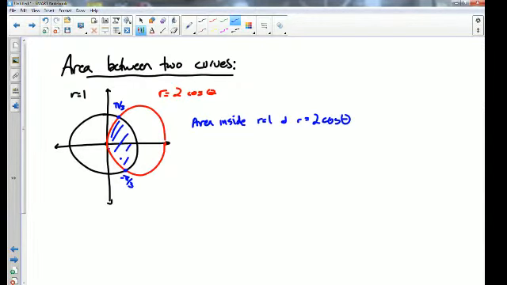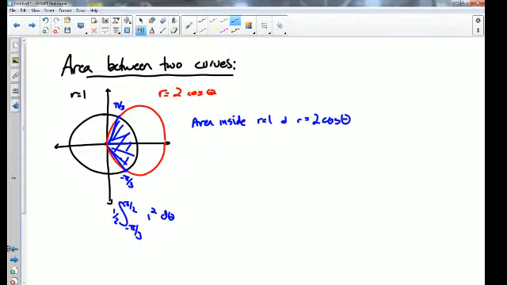If I sweep that area, I've left out a little sliver right there. So how do I count that? Because I can do the integral from negative pi over 3 to pi over 3 of r equals 1, but I've left out a touch of a sliver there with the red circle.